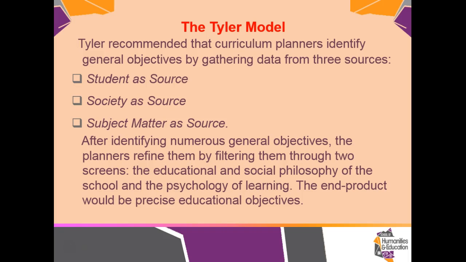After identifying numerous general objectives, the planners refine them by filtering them through two screens: the educational and social philosophy of the school and the psychology of learning. The end product would be precise educational objectives.